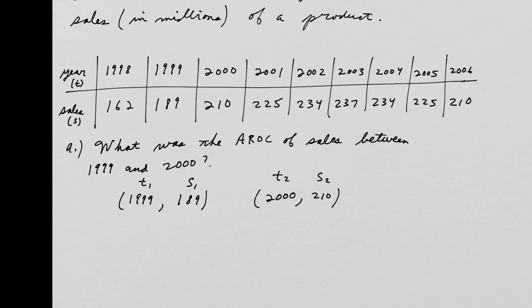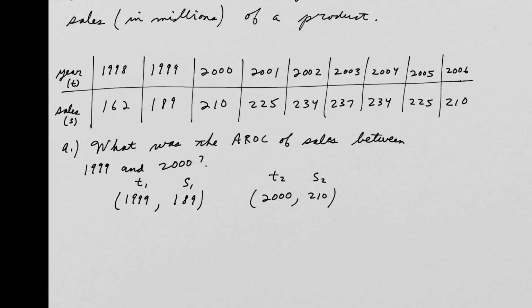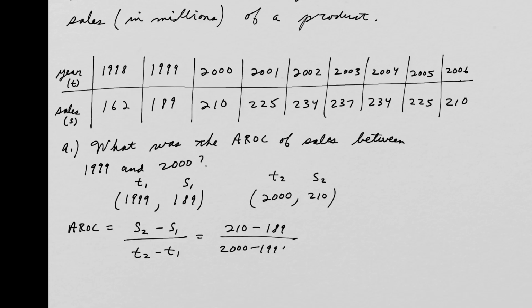So then the average rate of change is going to be S2 minus S1, the change in the output, over T2 minus T1, the change in the input. In this case, it would be 210 minus 189 divided by 2000 minus 1999. So this turns out to be 21 over 1, which is equal to 21.